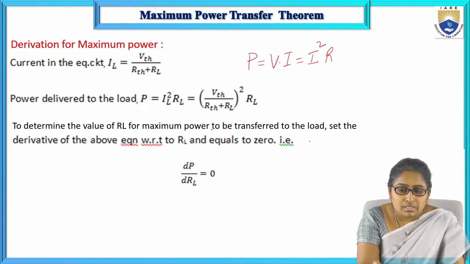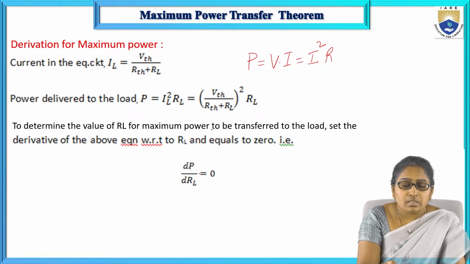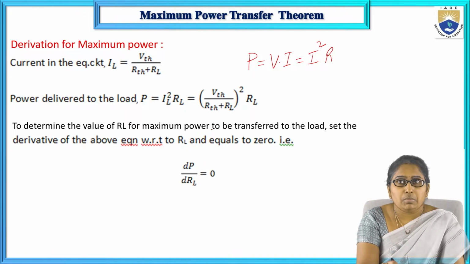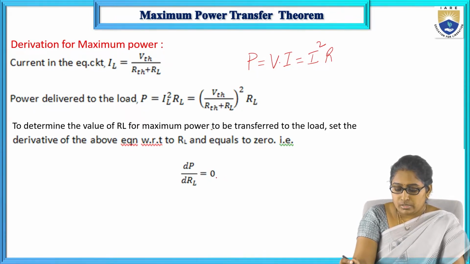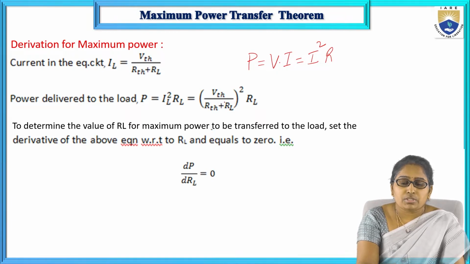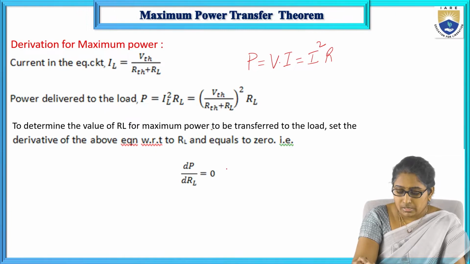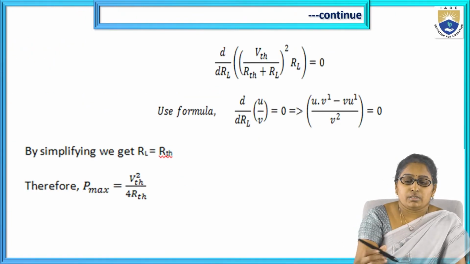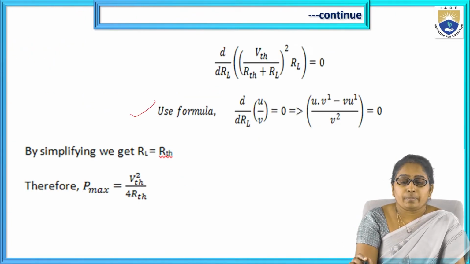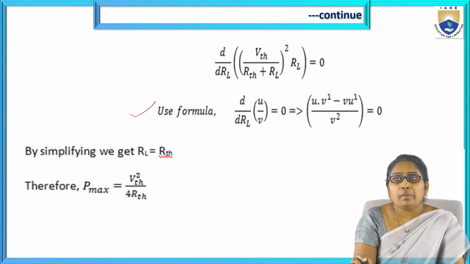So that is, first derivative of the above power expression, dP by dRL. Okay, dP by dRL equal to 0. Now, see what is that power expression? This is the power expression. So see what we are going to get. This is simply like the U by V formula.